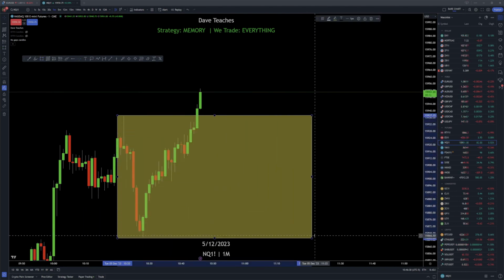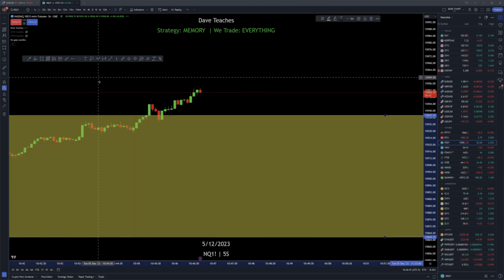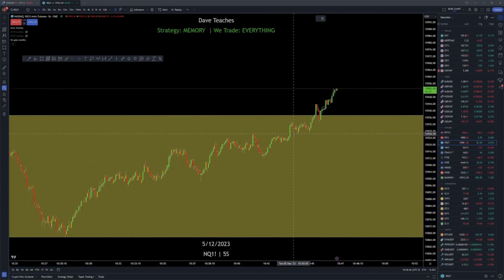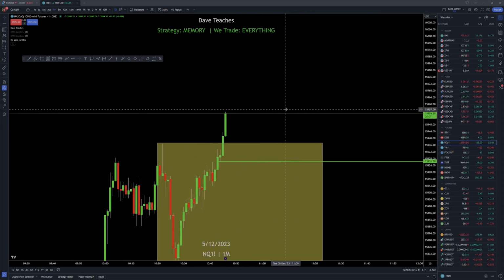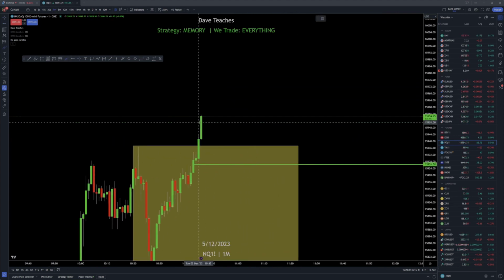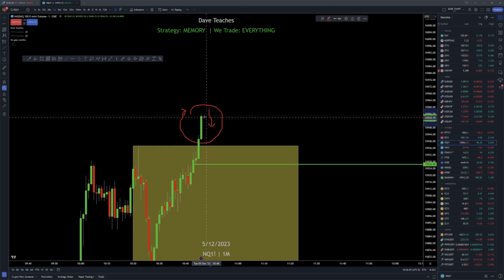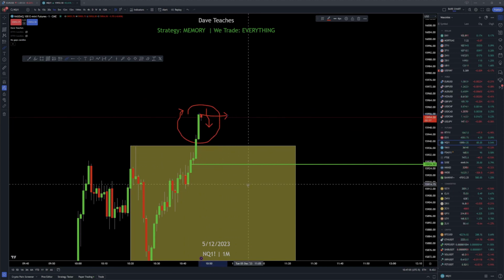Right there. Where were the lows we said was going to run out? Here. Now all we want to see is this close as a hidden S&D, close as a doji, and then we'll anticipate and move back into this range.